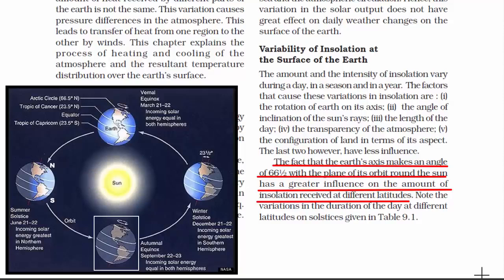Now, as the Earth moves around the Sun, it then reaches the next stage, which is autumnal equinox. This is in the month of September. At this stage, both hemispheres receive an equal amount of solar energy. Always remember, at equinox, day and night on Earth are of the same length. Going further, the Earth now moves towards winter solstice, which is during the month of December.